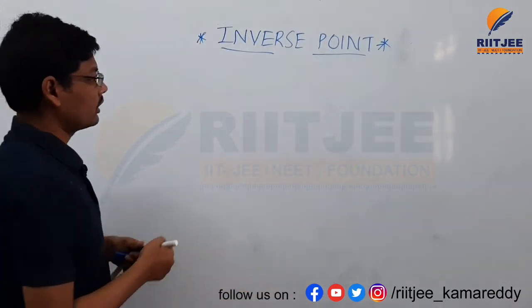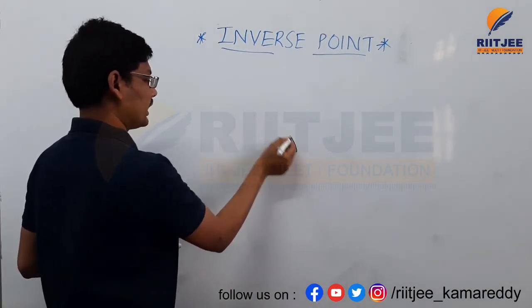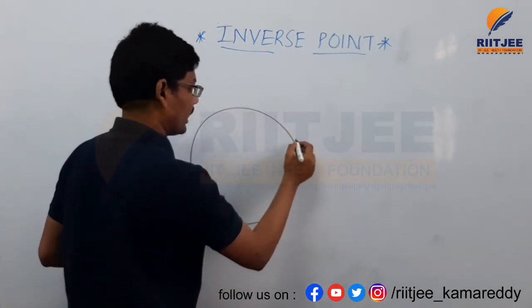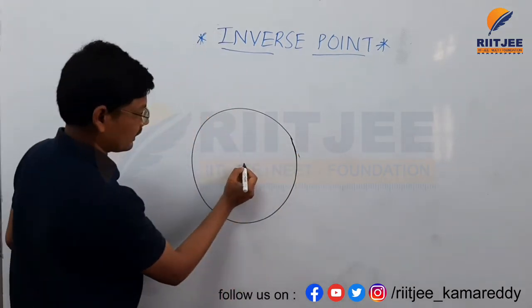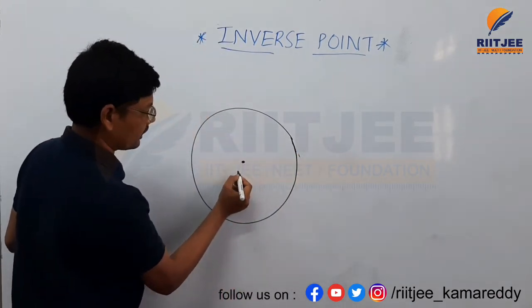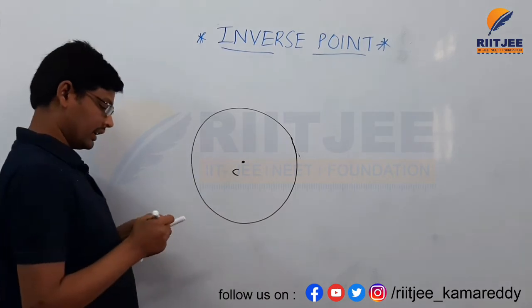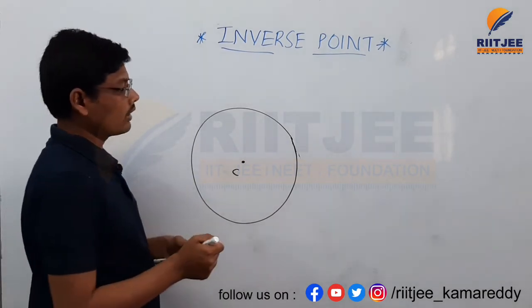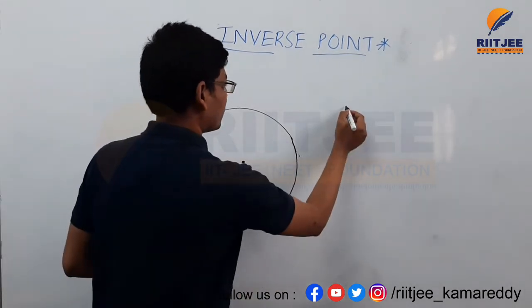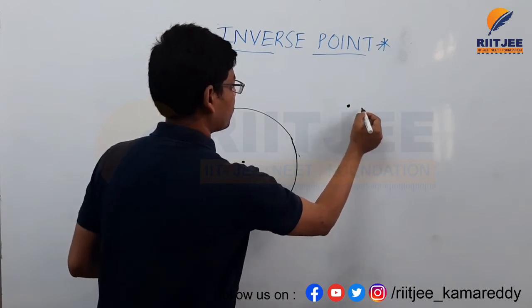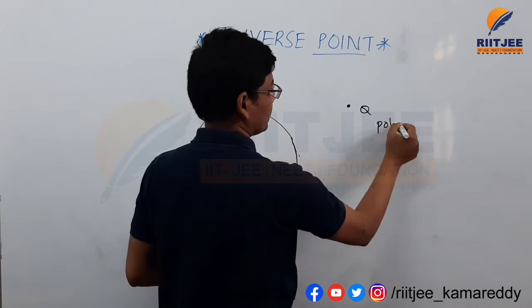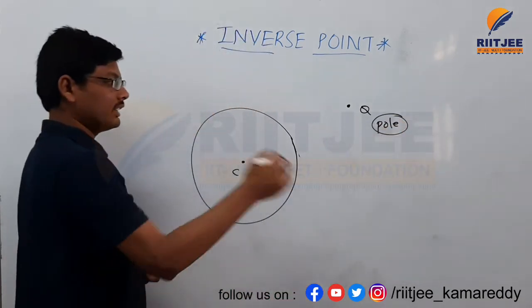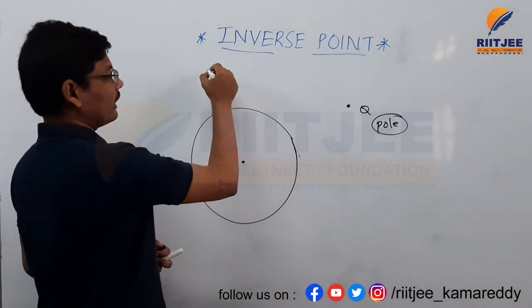Let S is equal to 0 be a circle. I am taking one circle here with center C. I am taking one pole Q, a point on the plane. For this pole, I am taking one polar.